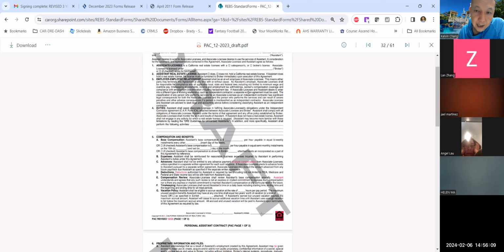If you are desiring to enter a classification of any person who performs services, and you are declaring them to be an independent contractor, there may be significant legal consequences for both the licensee, salesperson, you, and the staff employee if you misclassify that person as an independent contractor. Many of you are hiring your employees as independent contractors.